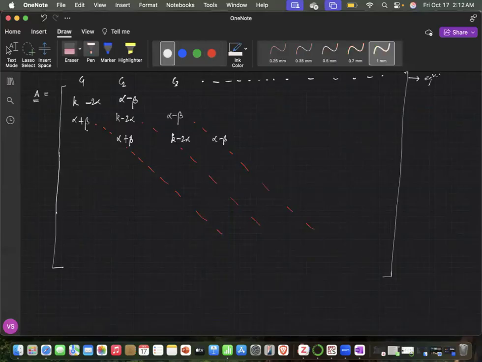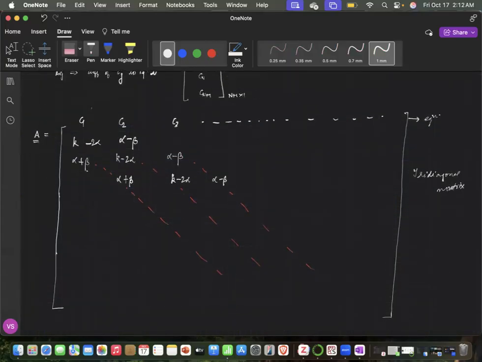And this kind of a matrix is called a tri-diagonal matrix, where you have 3 diagonals over here. Okay, so that is how you make a matrix, and this matrix will continue on till you reach the boundary over here.